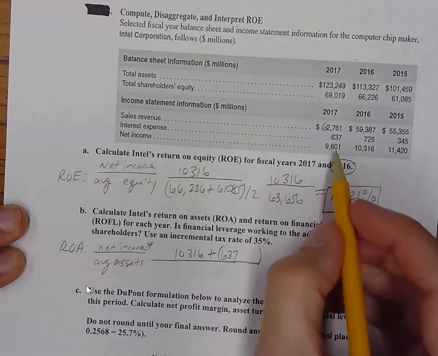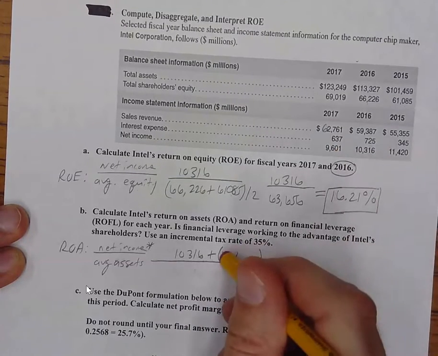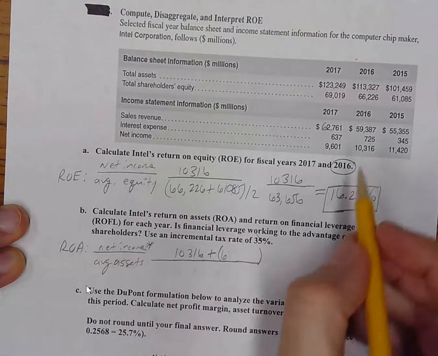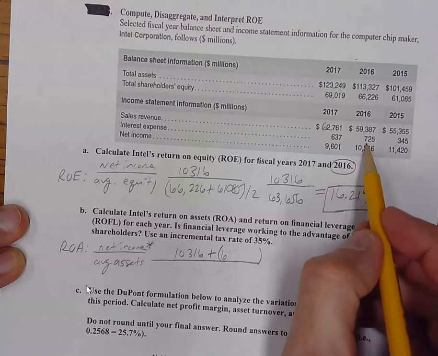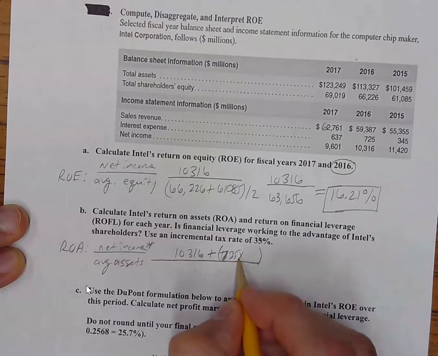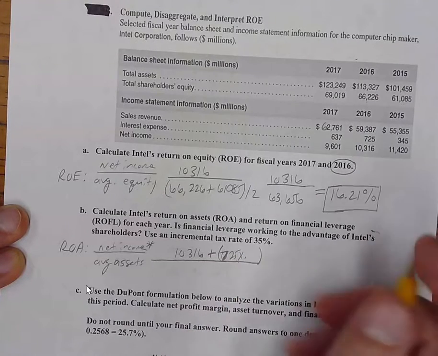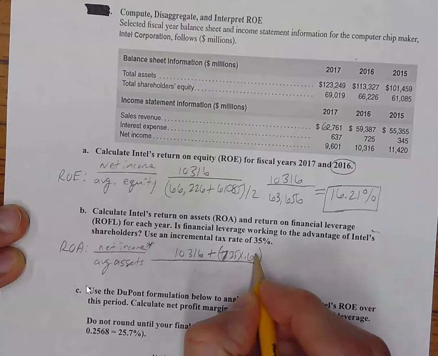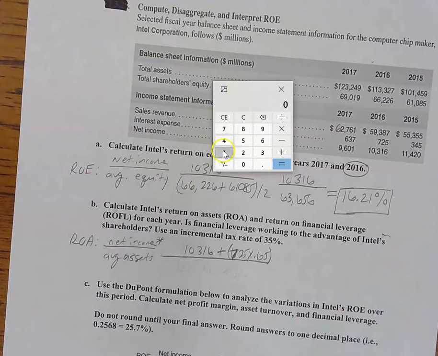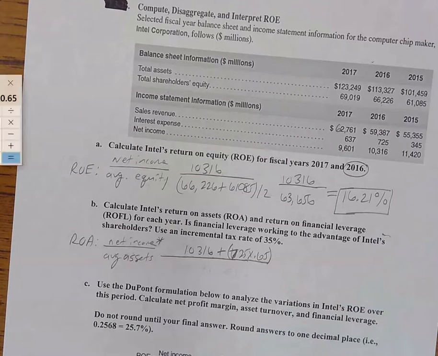Okay, so our interest expense, let's see here, I'm looking at the wrong year. Give me a second here. Interest expense for 2016, which is the year we're doing, is 725, and we're going to multiply that not by 35%, but by 65%. Okay, 65%. Where did I get that? 1 minus the incremental tax rate of 35% is 65%.